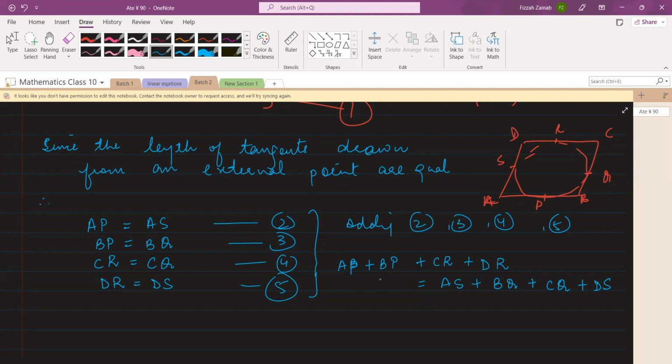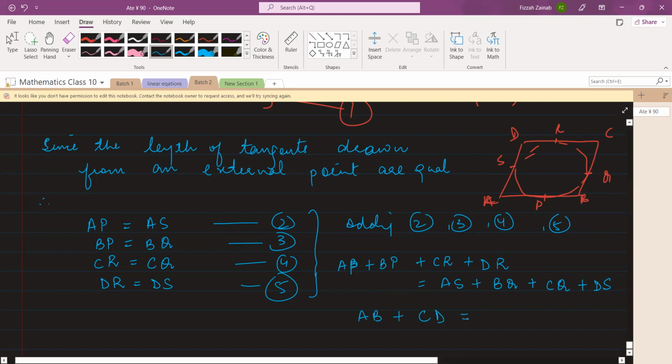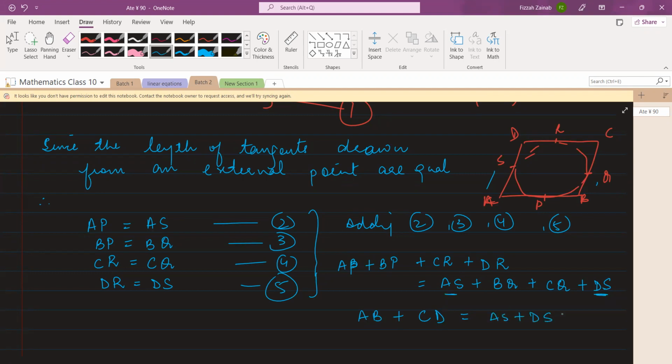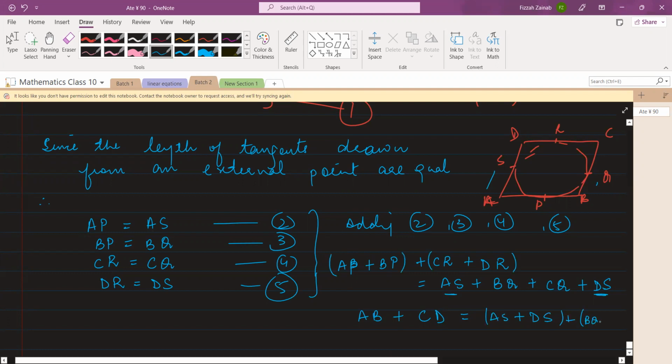AP plus BP, if I combine together, I get AB, and CR plus DR gives me CD, equal to AS plus DS, so here I'm clubbing, and in the next step I'm clubbing BQ plus CQ.